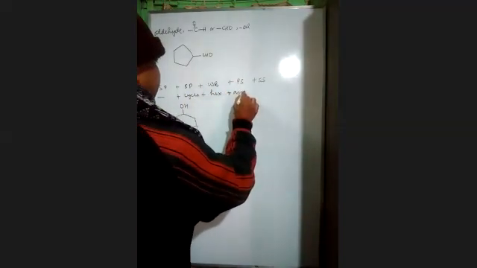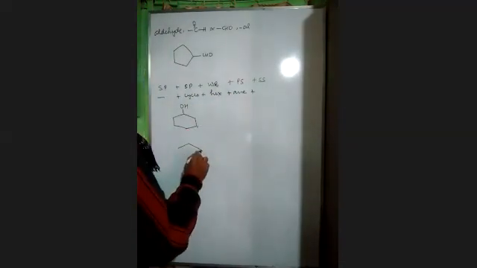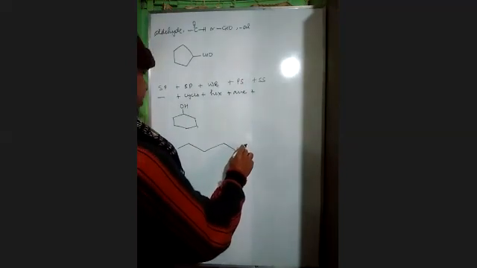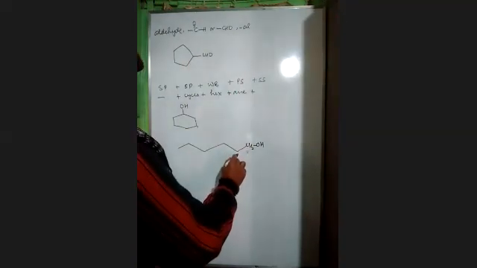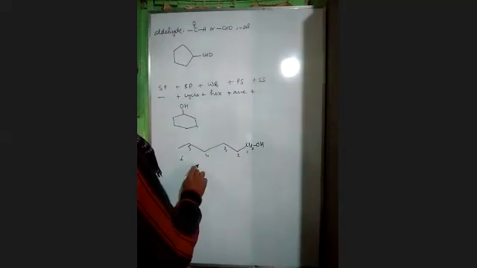When I write it like this, 1, 2, 3, 4, 5, 6, and I put numbers 1, 2, 3, 4, 5, what do we write here?